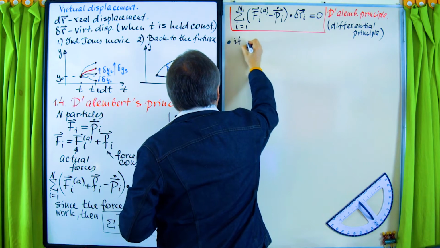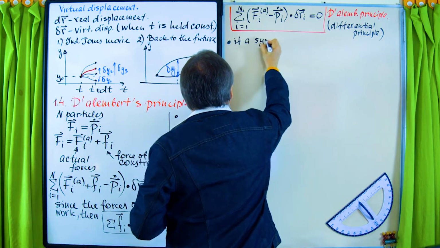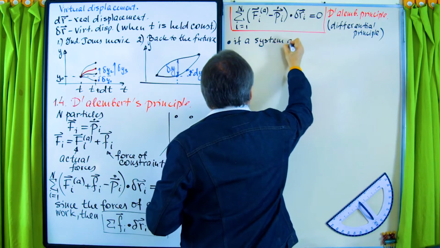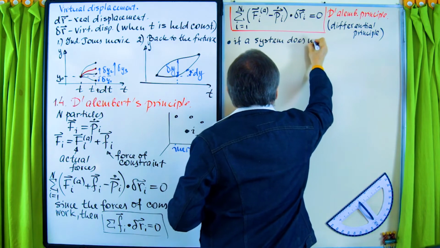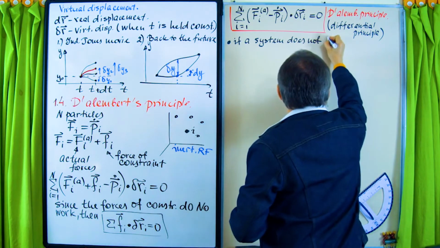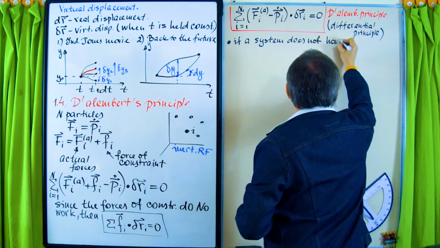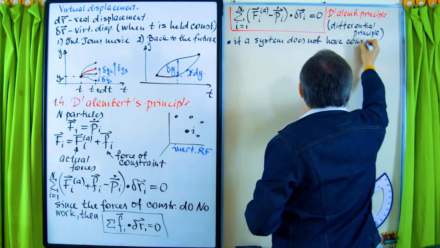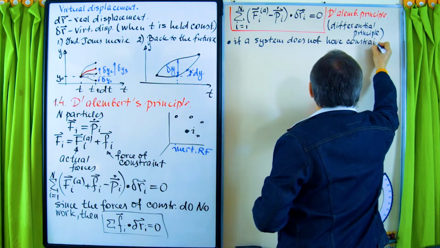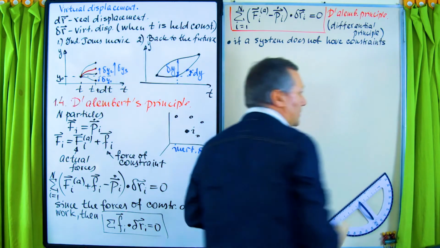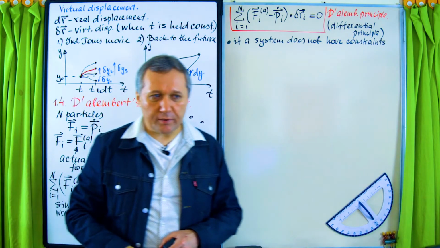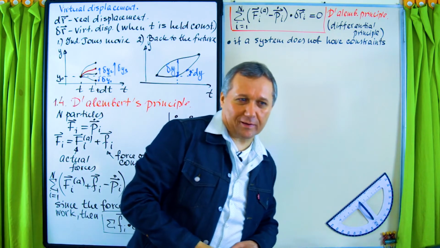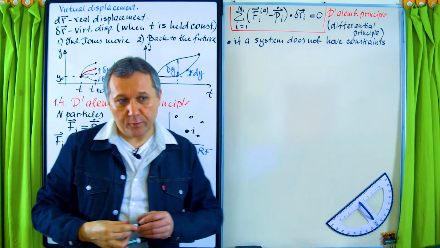If a system does not have constraints, it basically means that there are no rods connecting particles, or cables, or surfaces, no forces of constraints.